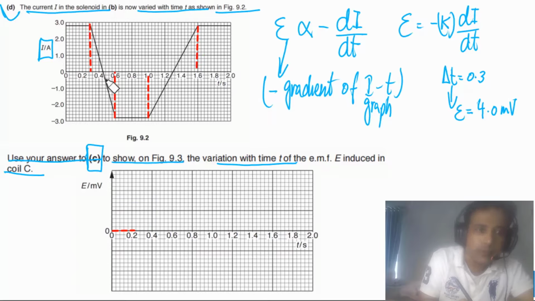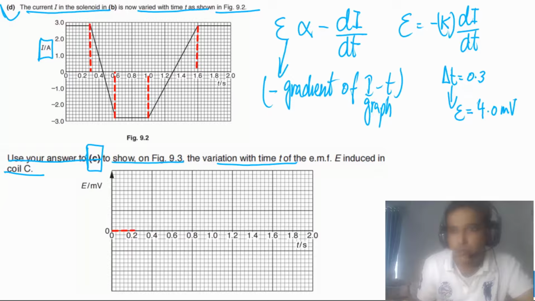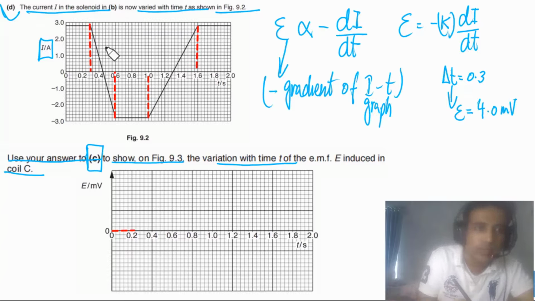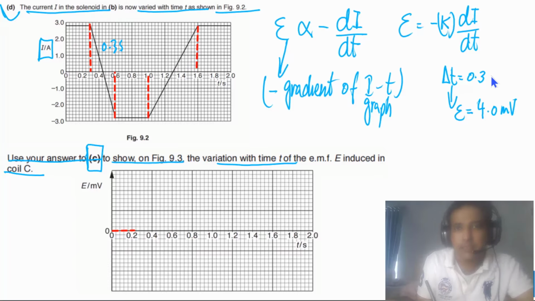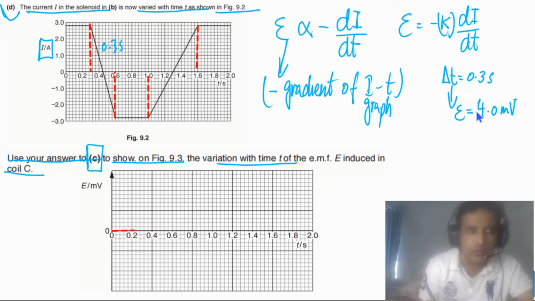And then if you look at this, time is equal to 0.3 seconds. And the EMF induced in this time period of 0.3 seconds is equal to 4.0 millivolts.